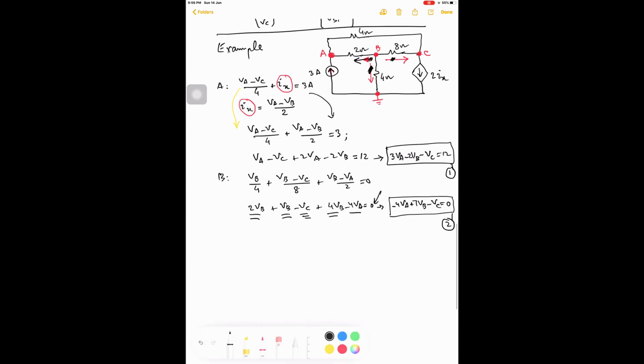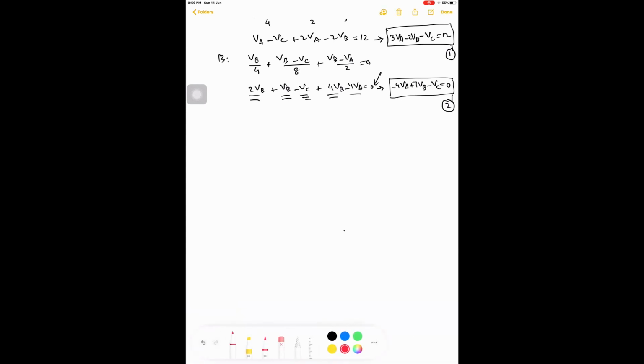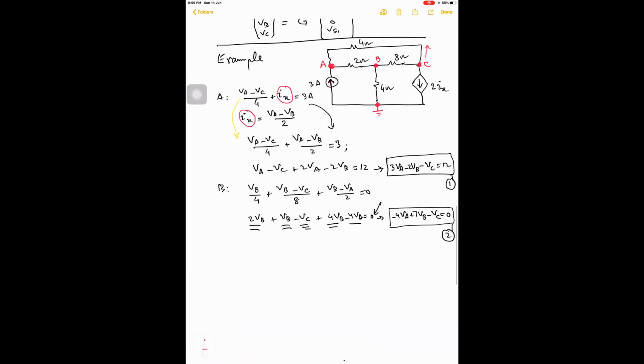And now write the equation for node C. At node C, we again assume current leaving. Due to the direction of the current of this dependent current source, if we follow, this current is also leaving.